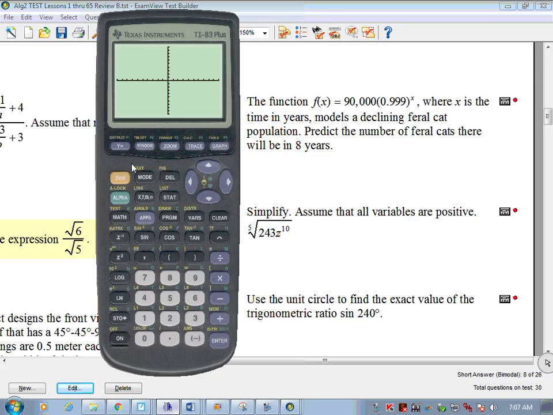Maybe it won't. We're not really concerned with that too much. Where x is the time in years. Maybe I did something wrong. 90,000 times 0.999 to the x.